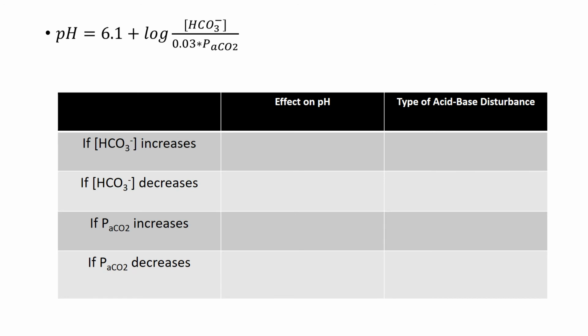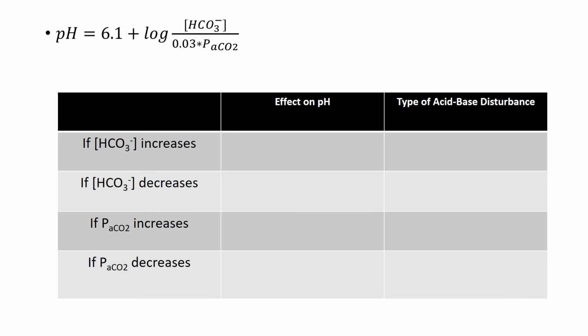Now, back to this equation. With just this equation, we can determine the four major kinds of acid-base disturbances. Now, we have a better sense of what that equation means, but let's see how changing each of the variables affects the pH. Let's say our bicarb increases. So the numerator of the fraction is increased, the total log increases, so the total pH increases.